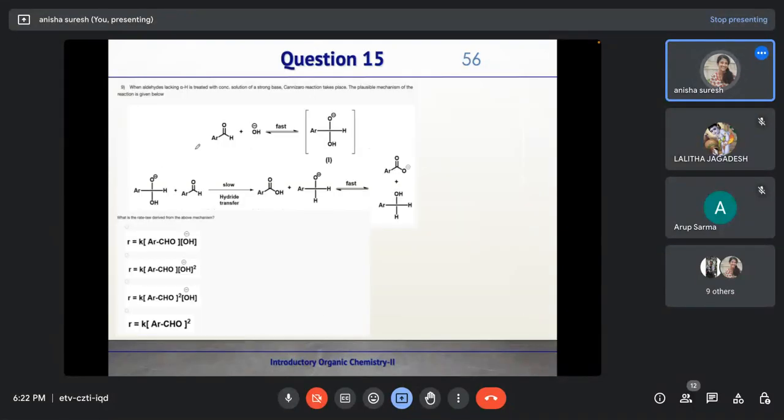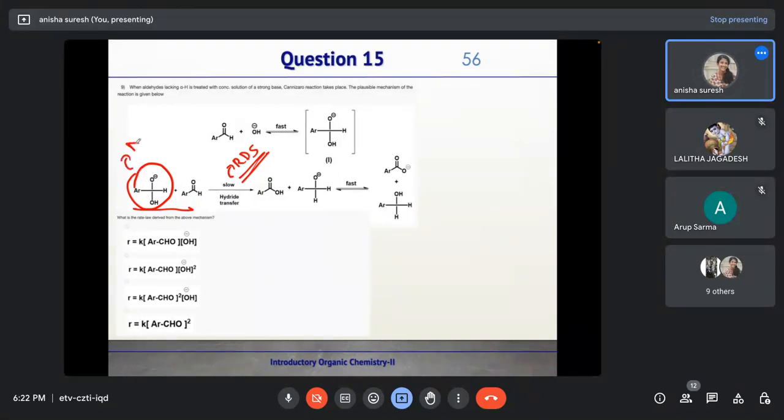In our case, we can see that this is the rate determining step, and these are the reactants. Here they are not considering this intermediate as a reactant itself.